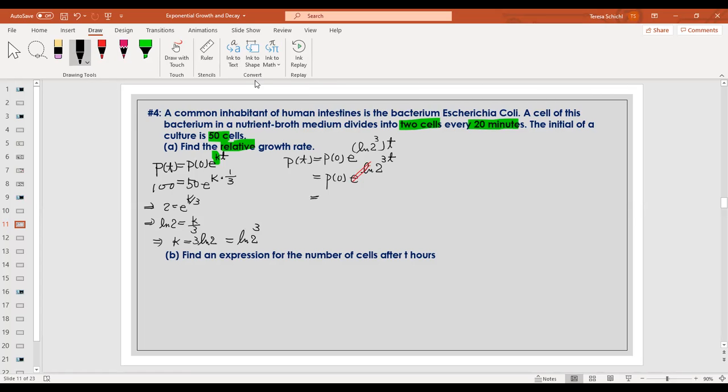Now your formula for the doubling will just be your initial value times 2 to the 3t. Or you can simplify this: this is 2 to the t over 1/3, right? Why do I want to do that?